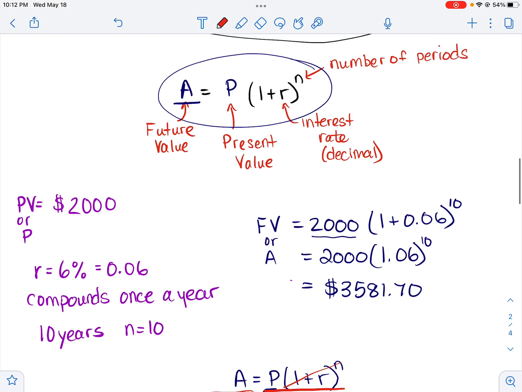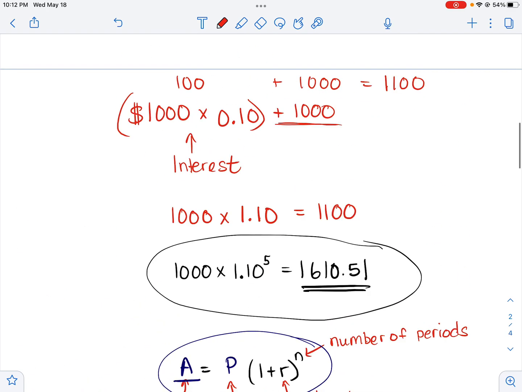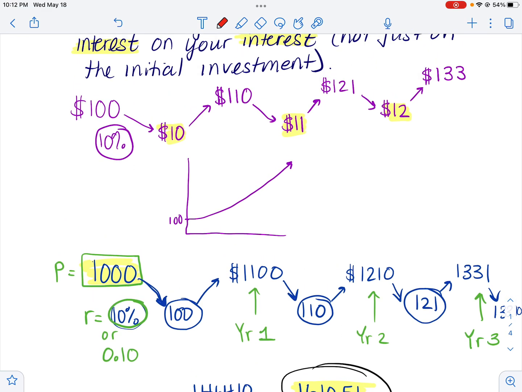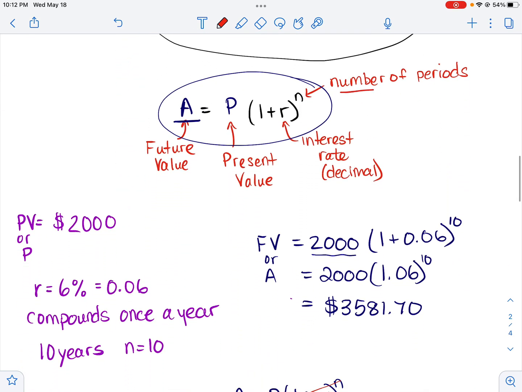So that's compound interest, this crazy formula, which you actually don't need to know in grade 9. It's more of a grade 11 concept. But it's good to just understand what compound interest is, which is basically earning more interest because the interest that you earn is getting added back onto your principal. And the same rules apply. So like the longer the time period, the more money you're going to get.